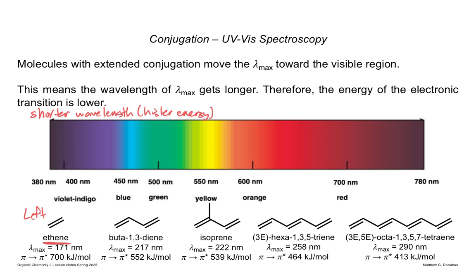And as you do that, like, see this number, 171 nanometers? If we extend this scale, that would be like here in the ultraviolet region, you couldn't see it. But as you're adding more and more, you're pushing it into this region, and now you can start to see it once you break that threshold.